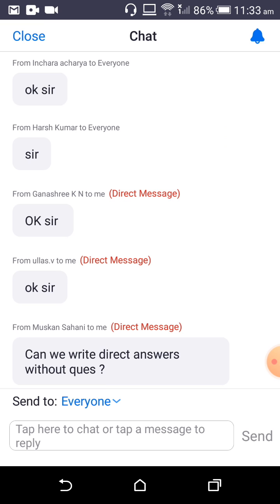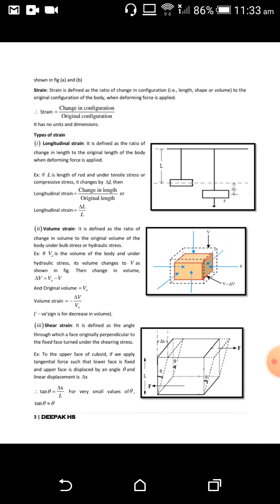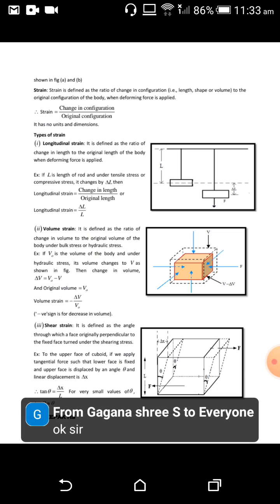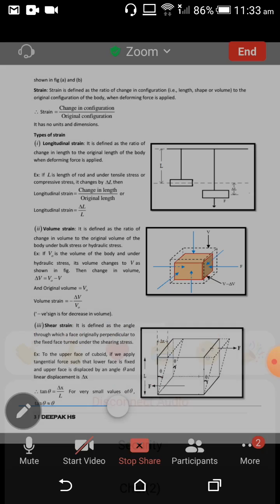In case you have previous year question papers, go through the numericals in those. You'll get an idea, and you can also go through the numericals we have discussed in the class itself. Anything else to be asked?